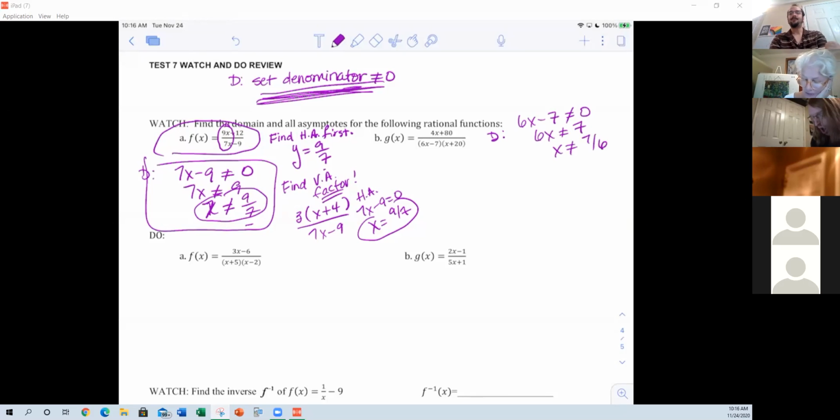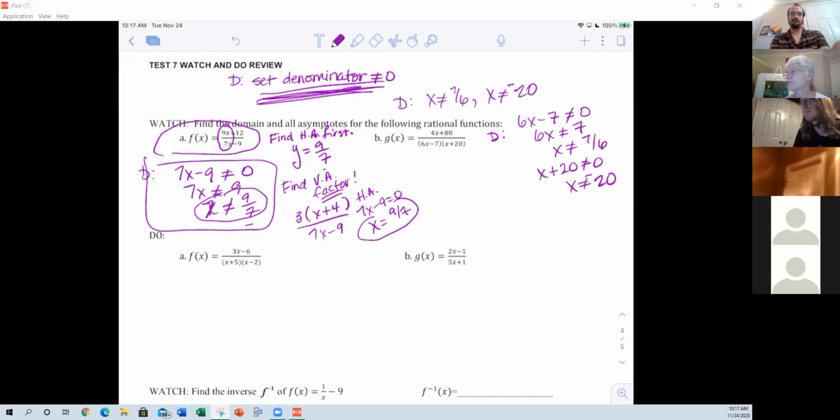Also x plus 20 cannot equal 0, so x cannot equal -20. So my domain is x not equal to 7 over 6 and x not equal to -20. Should that be -20? Yes, it should be. Thank you.